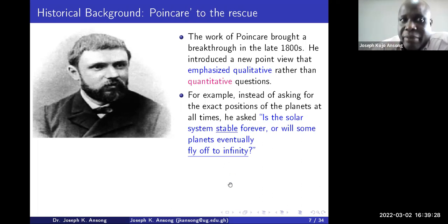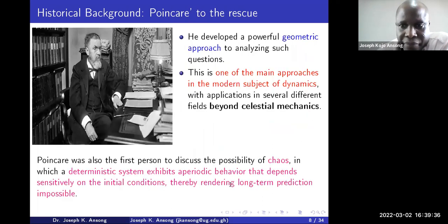And dynamical systems is basically a qualitative explanation of things. Okay. So he developed a very powerful geometric approach to analyzing such questions, this qualitative approach. And it is now one of the main approaches in the modern subject of dynamics. And of course, as I mentioned before, this has gone beyond celestial mechanics.